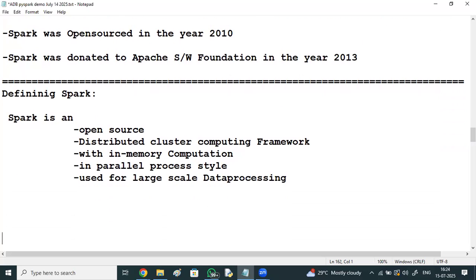What do you mean by in-memory computation? In-memory computation means the data gets stored in memory and processed within the memory.